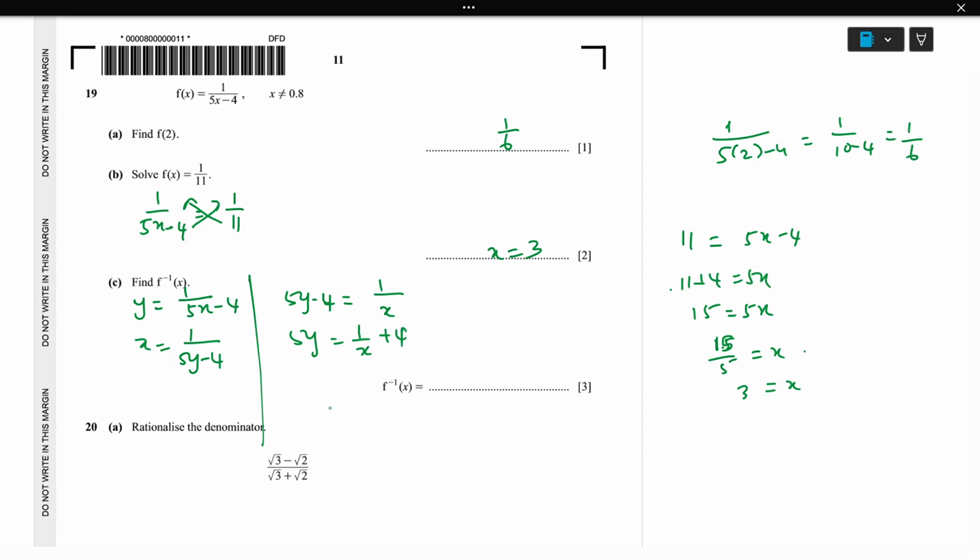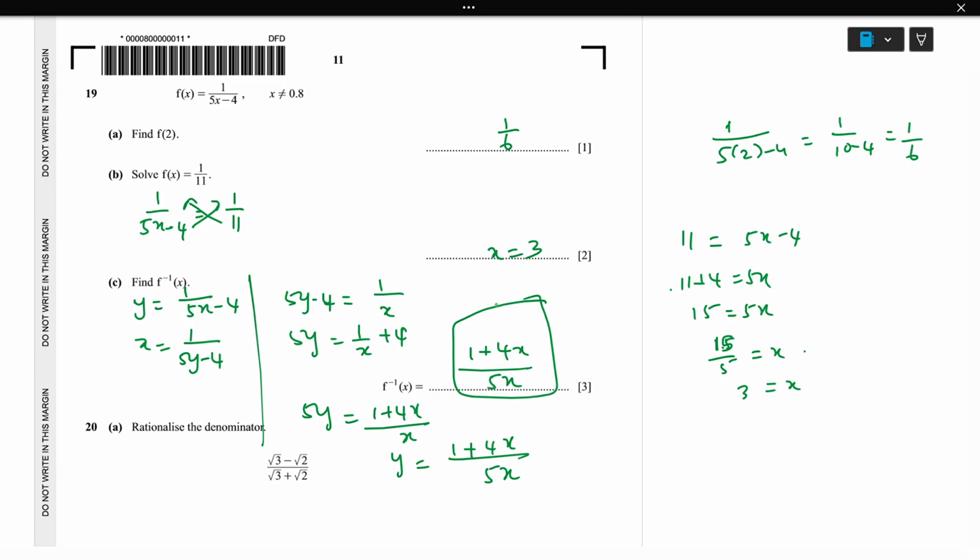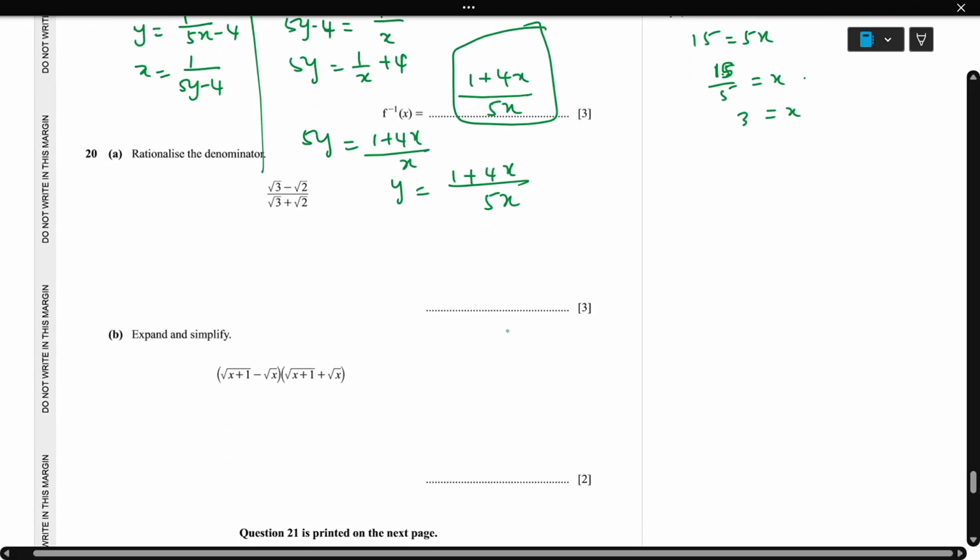On the right side make a single fraction: 5y equals 1 plus 4x over x. Bring the 5 here, so y equals 1 plus 4x over 5x. The answer is 1 plus 4x over 5x. This is the final answer here. I'll erase this part.